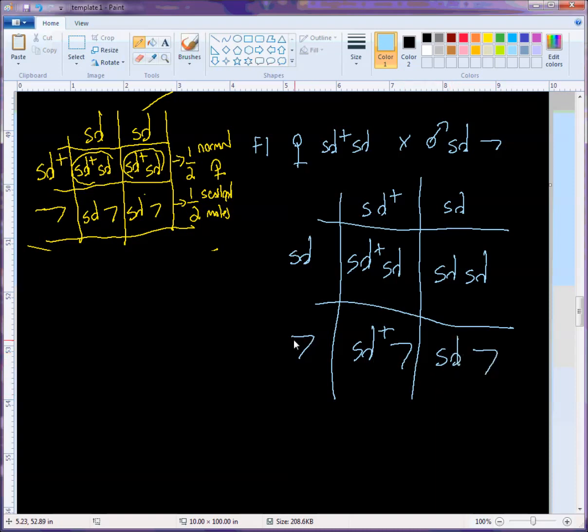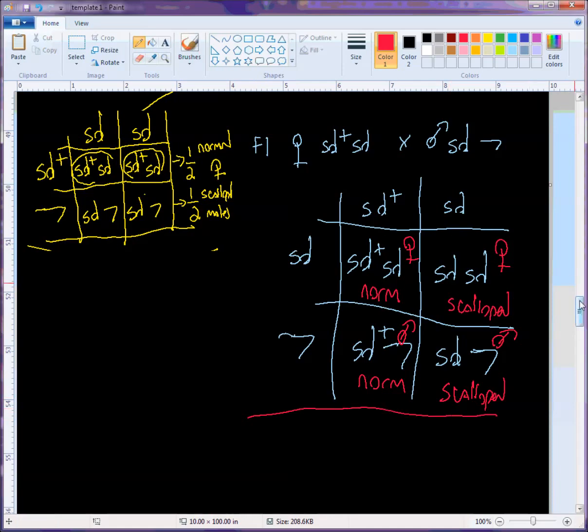My Y chromosomes look like 7s. So the phenotypes: we have normal, scalloped, normal, and scalloped. And these are females, and these are females, and these are males, and these are males. So we have a 1 to 1 to 1 to 1 ratio, normal females to scalloped females to normal males to scalloped males. Okay, so that's the F2 from part A.